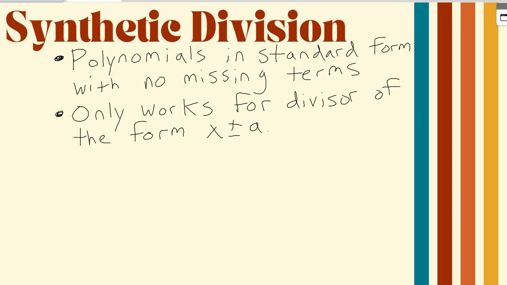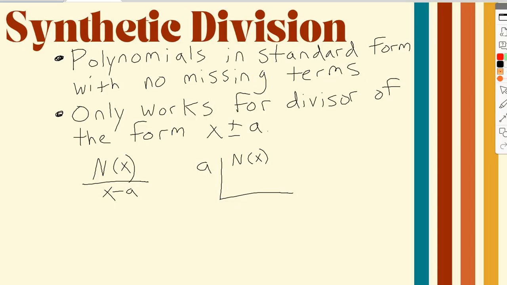So if I had something like n of x divided by x minus a. On the inside, we are still putting our n of x. On the outside, I am just going to put a. So that's a big thing to notice, is that we flip the sign of the divisor.